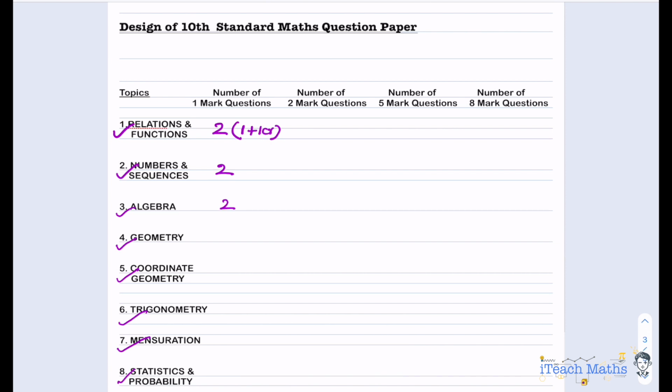The fourth chapter has 1 from the text. The fifth chapter has 1 plus 1 created question. The sixth chapter has 1 and the seventh chapter has 1 plus 1 created question. The 8th chapter has 2 questions.